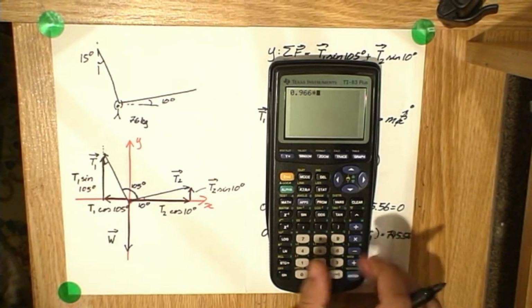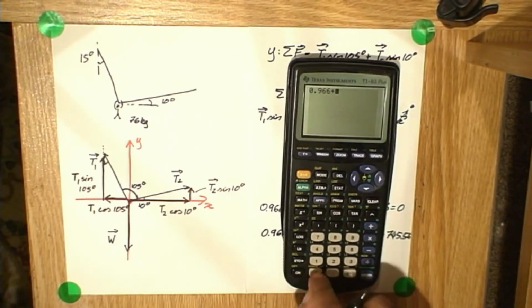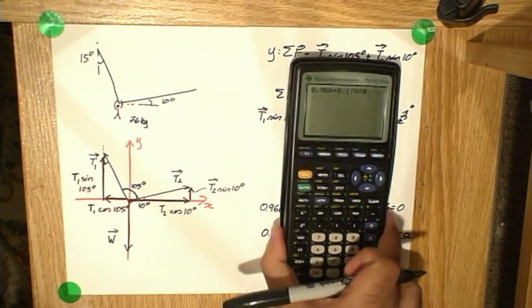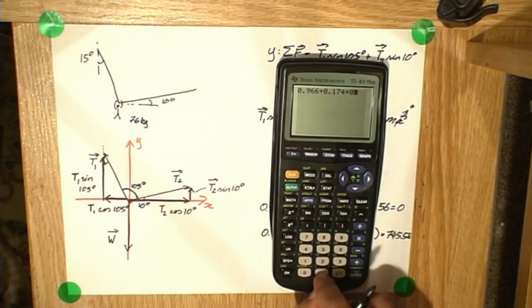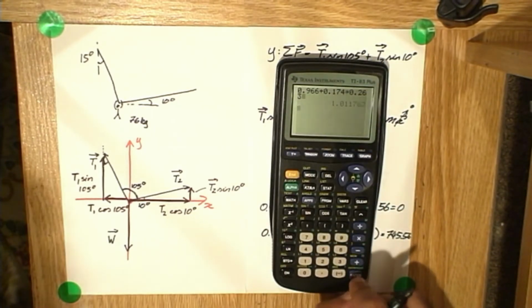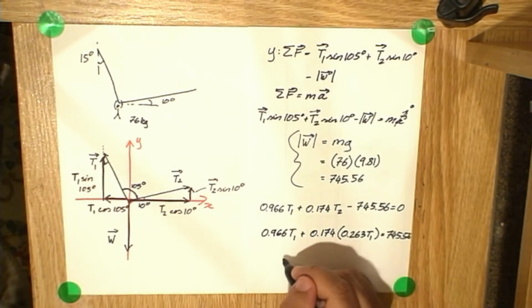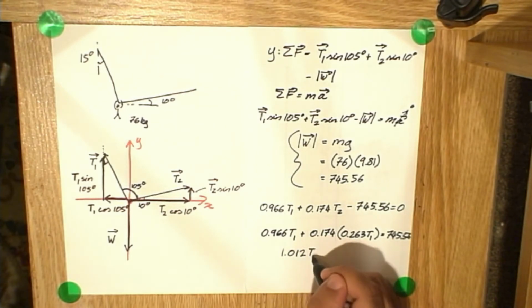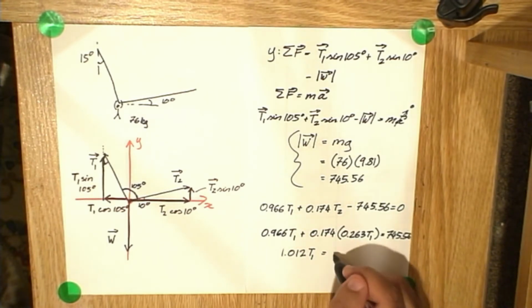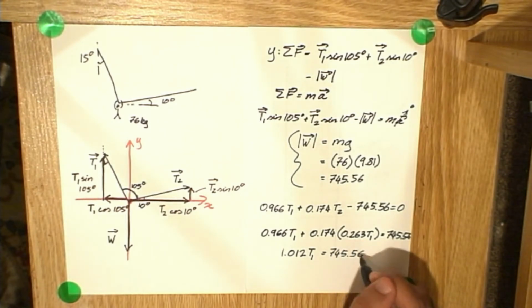0.966 plus 0.174 times 0.263 gives us 1.012. So 1.012 times T1 is equal to 745.56.